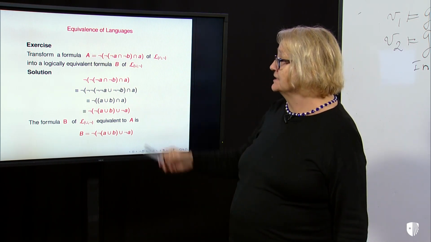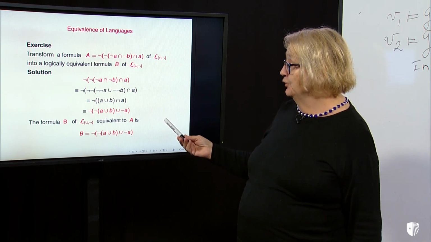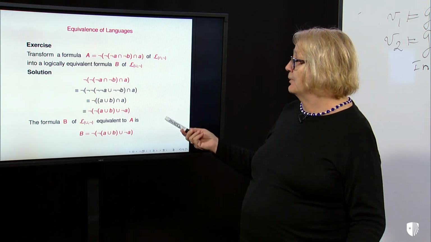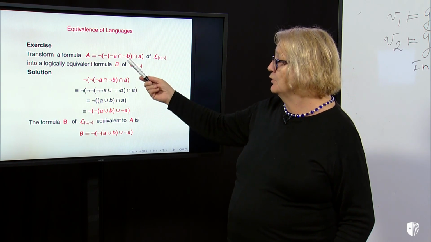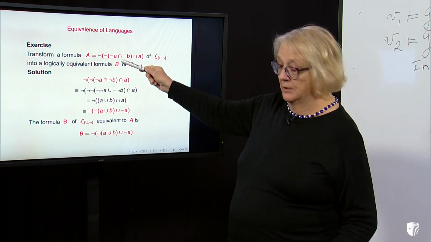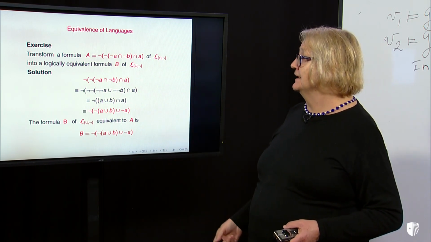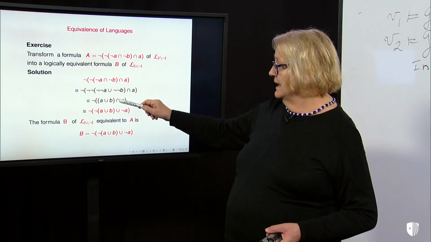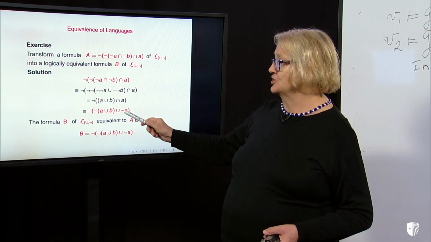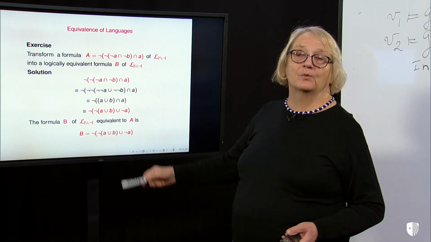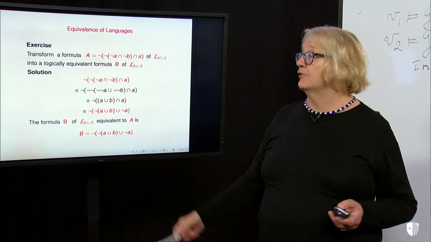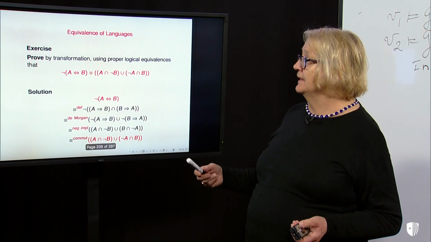You take this, and now you want to replace in a proper way. So it means wherever you have conjunction, you have to replace it by disjunction. And here you have the replacement. And then again, I have conjunction. I replace it by disjunction. So I get a formula which is logically equivalent from another language.